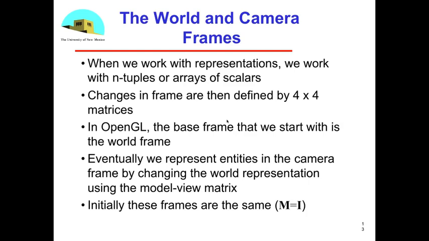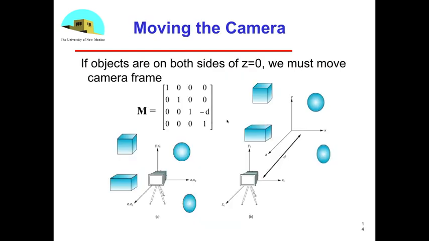So let's finish with a very, very simple example today of what M would be to do something. So suppose you have initially, sort of the Y and the YC here, and the X and the XC here are supposed to indicate that these two frames have the same origin and they're lying on top of each other. So initially this corresponds to M being an identity matrix, that the camera and the object frame are the same.